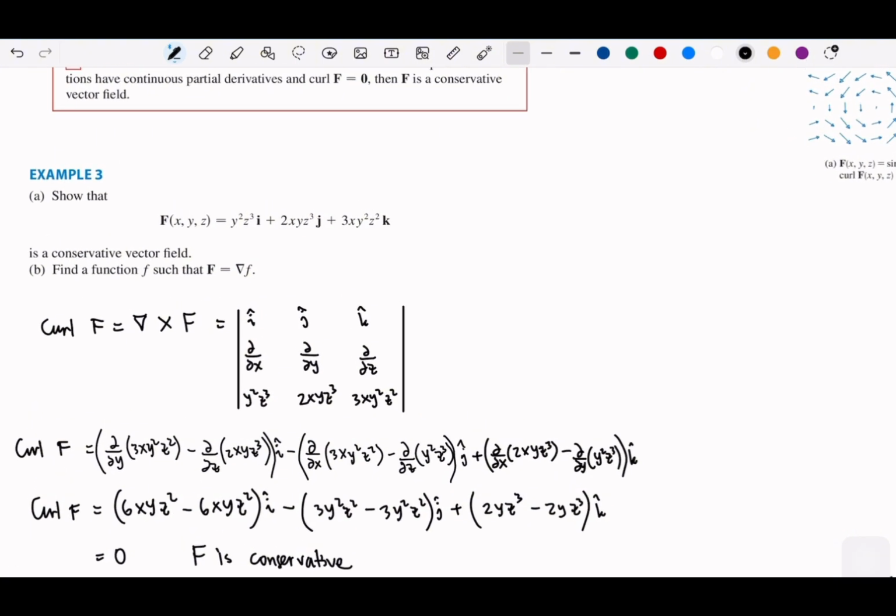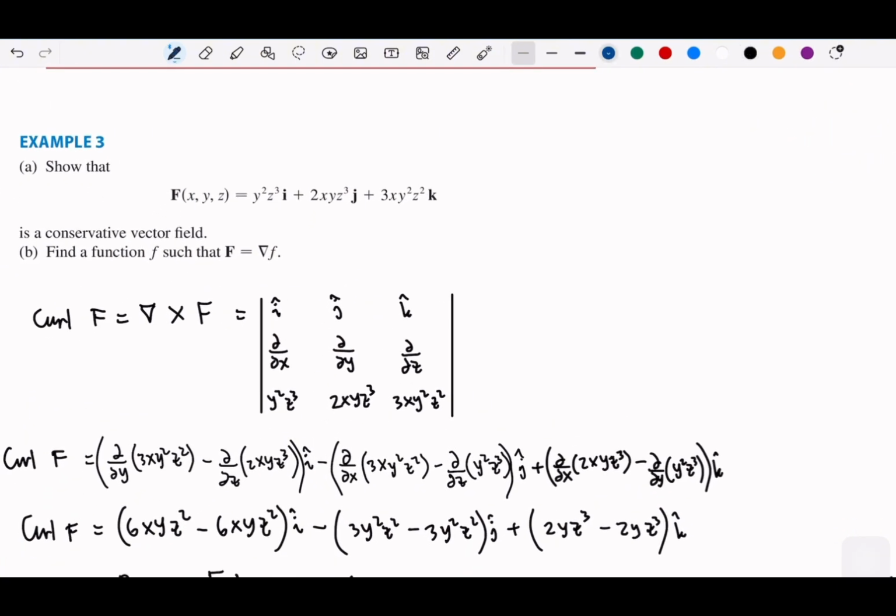For example, we have here partial x is y squared z cubed from here, right? Partial y is 2xyz cubed, and partial z is 3xy squared z squared.